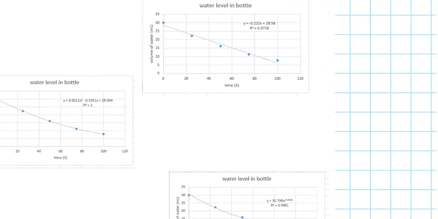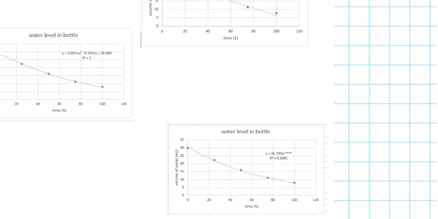The other two have a much better R squared value. Well, not much better: this is 97.7, this is 99.8, and this is a 1. So right away, by process of elimination, we're going to eliminate the linear. It's not a very good fit.